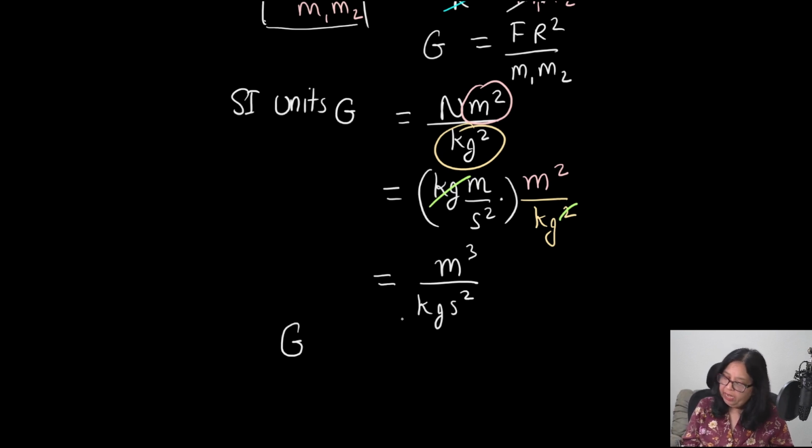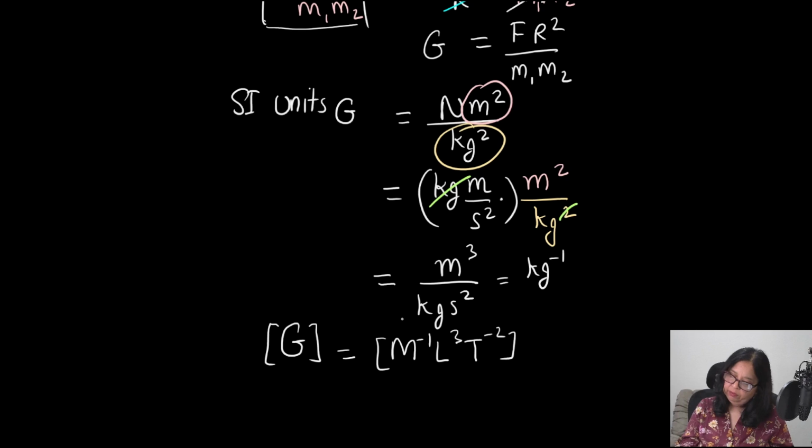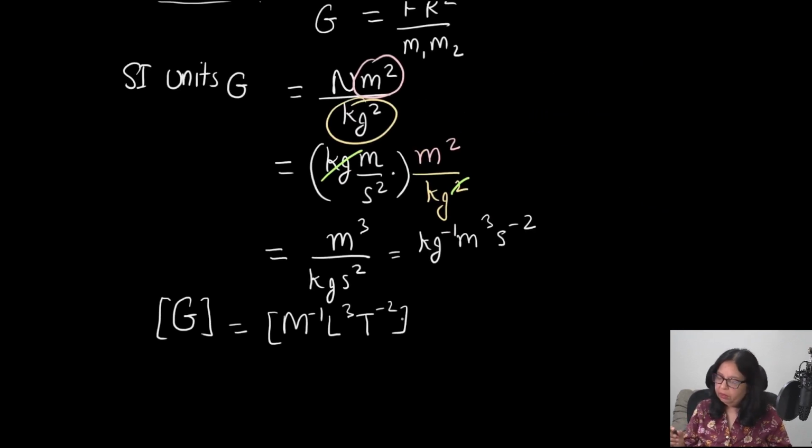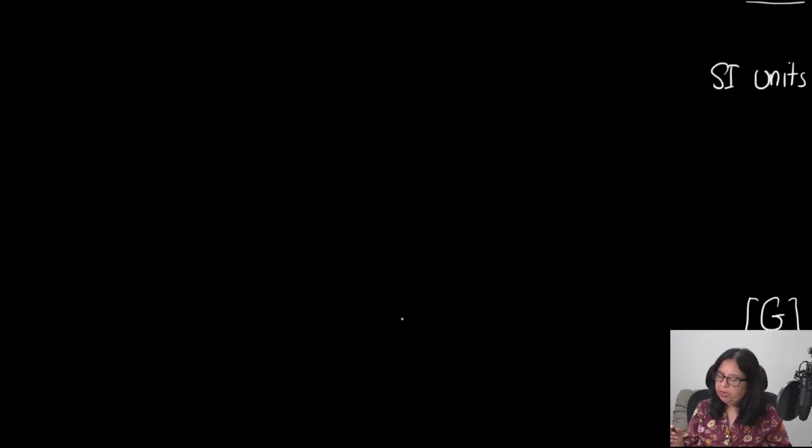So the dimensional formula of G is mass inverse, length cubed, time minus 2. You see that? From here, kilograms comes upstairs, becomes minus 1. Meter cubed stays upstairs, and second squared comes upstairs, becomes negative 2. Okay. Now let me write it here: minus 1, 3, minus 2.